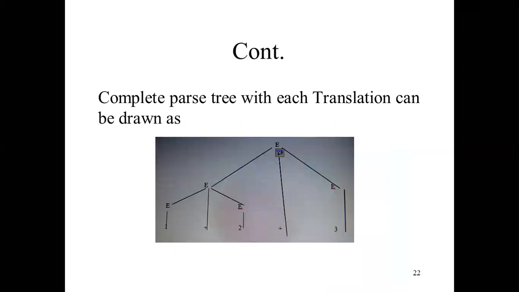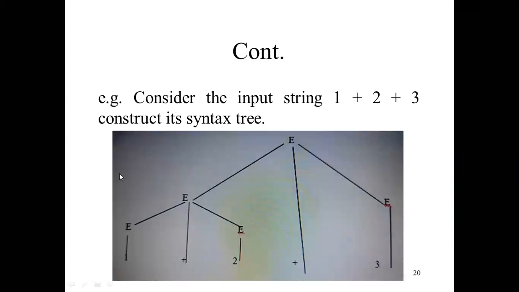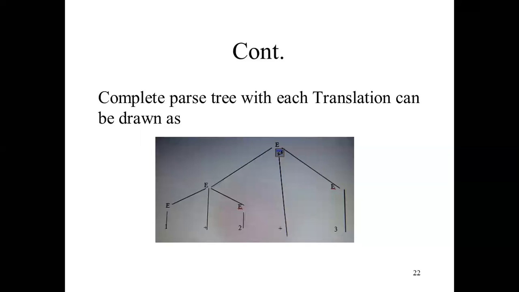Now in the next case, we can see that this is the complete parse tree with each translation, which can be drawn as E, again E, the same thing as we have already seen. This is the complete parse tree for 1 plus 2 plus 3.